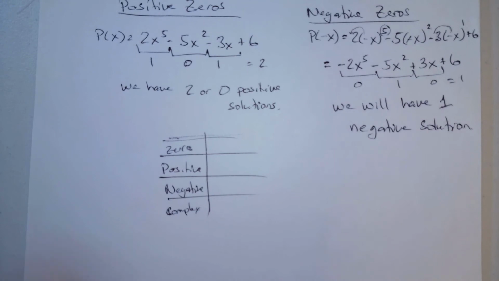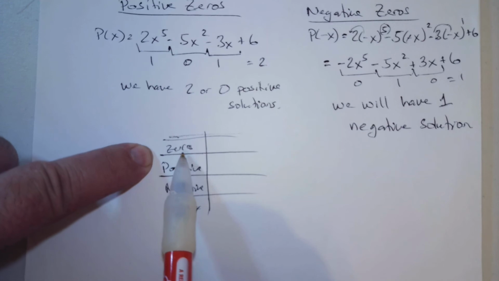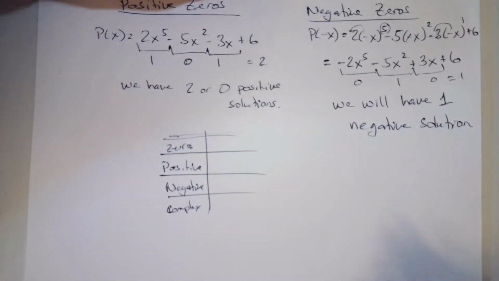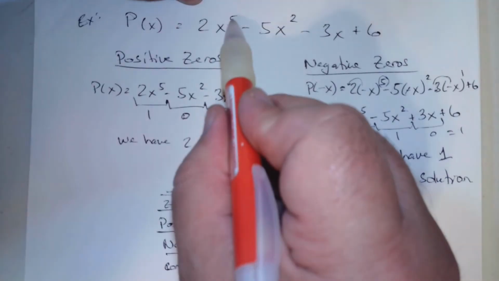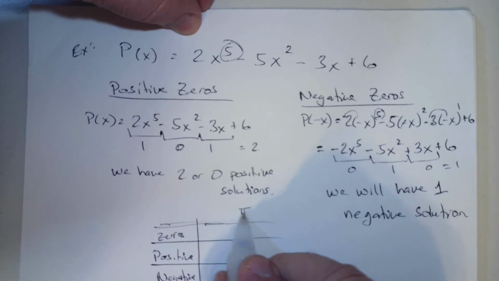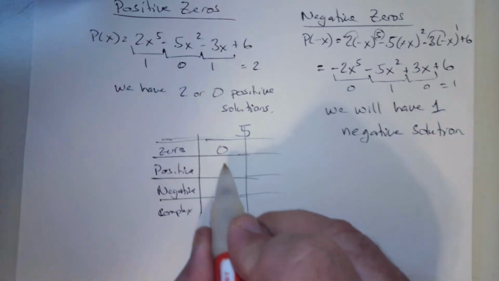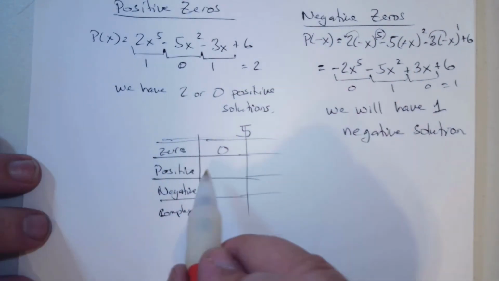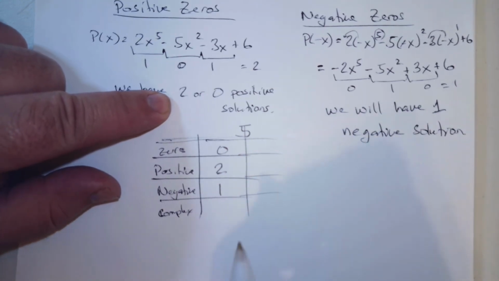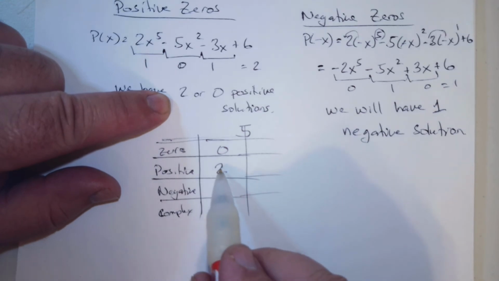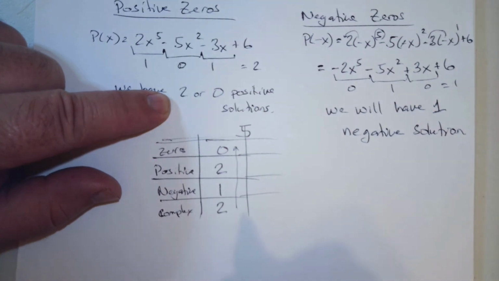If all the terms have an x in common, then we have a 0, because if we plug in 0, then it's 0. Now, our total, in this case, has to be 5. Since we have no constant terms, we can have 2 positives, and 1 negative. If you add these up, that means we have to have 2 complex terms.